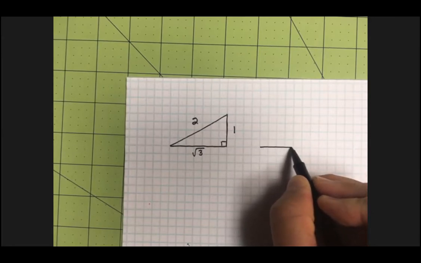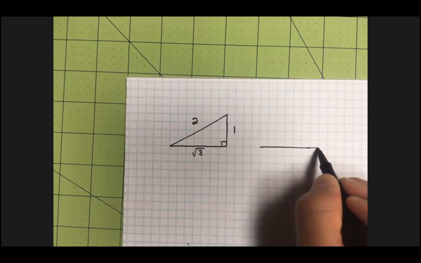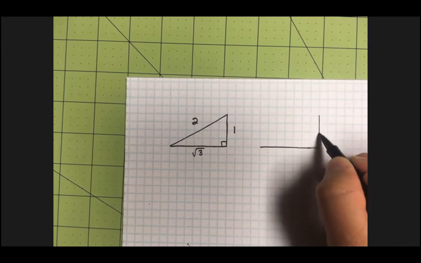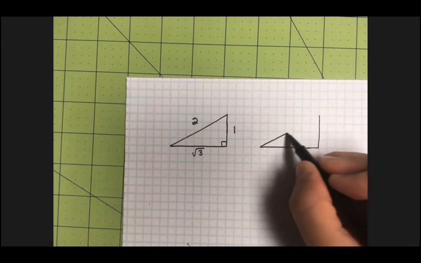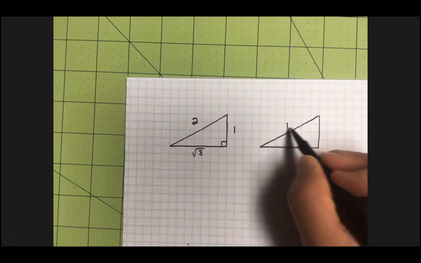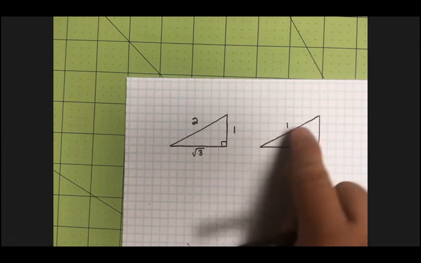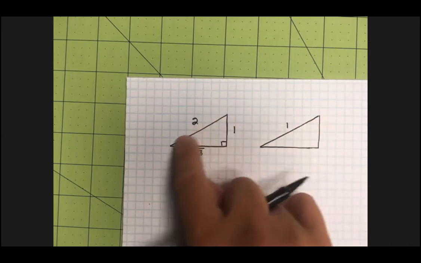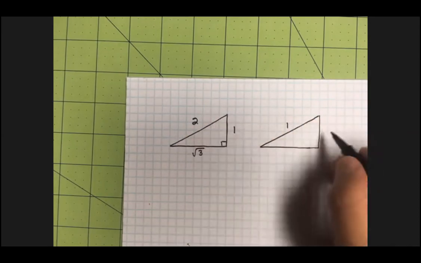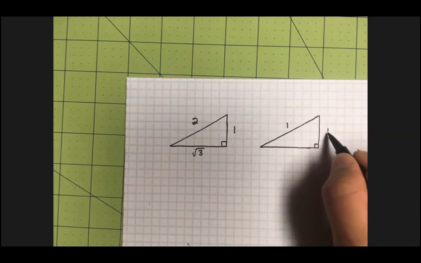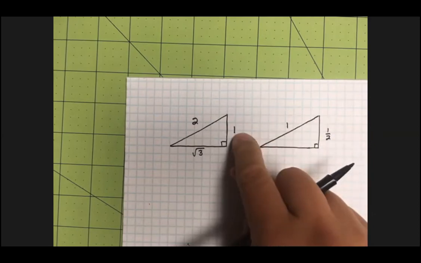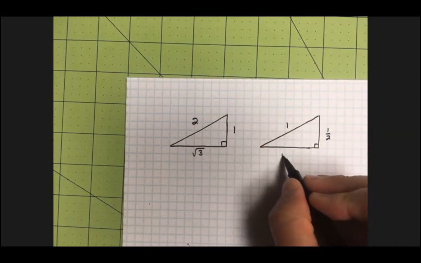But if we rather focus on the hypotenuse as being 1, I drew them the same size for convenience, but you know, this hypotenuse is exactly 1/2 of that hypotenuse. That makes this short leg exactly 1/2 of that short leg. Remember how the sides are proportional?